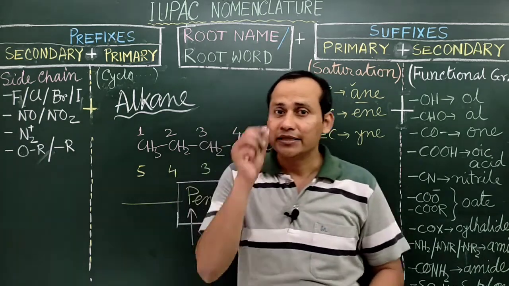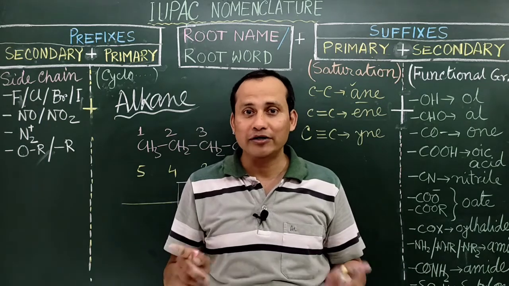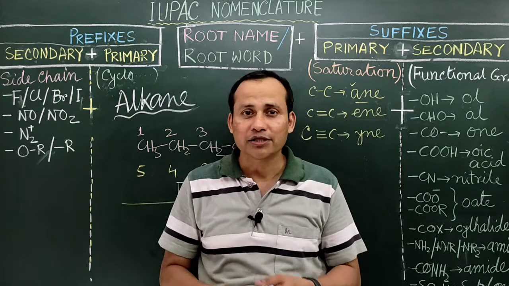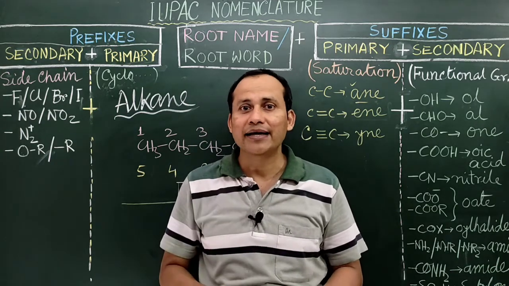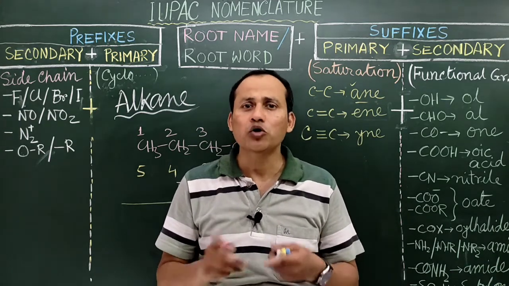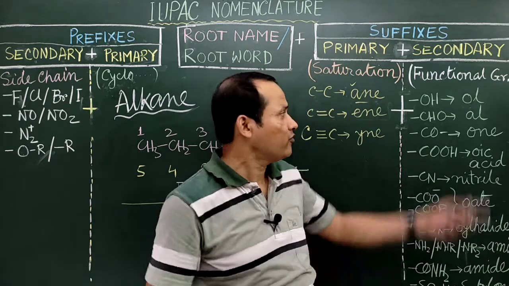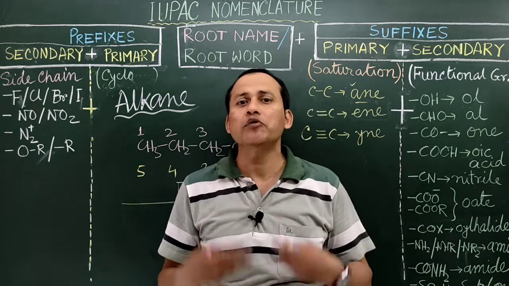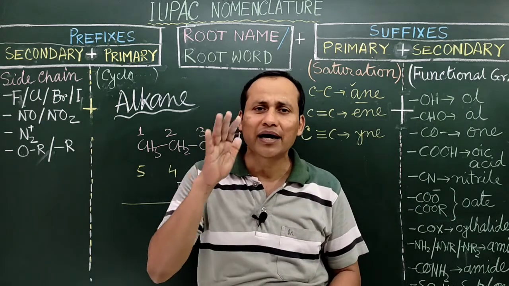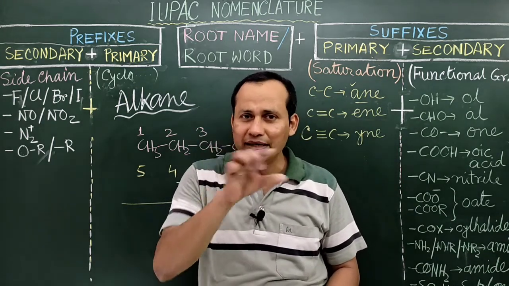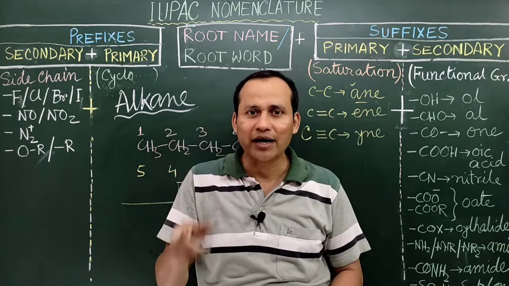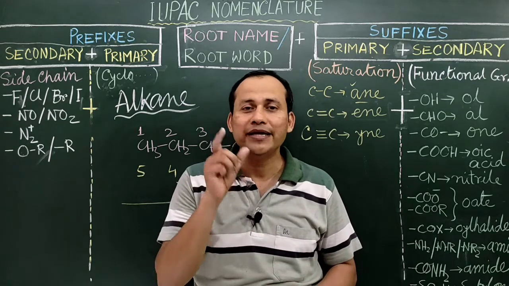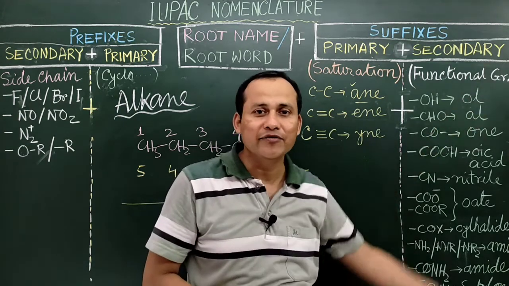And one more thing, this is not just the naming of hydrocarbons. Don't see it in this way, because once you understand the naming system of hydrocarbons, automatically the naming system of alcohol, aldehyde, ketone and each and every compound will be easier, because these are the basic things. Naming the chain is the basic one, identifying the chain is the basic one. This will be applicable for each and every case.